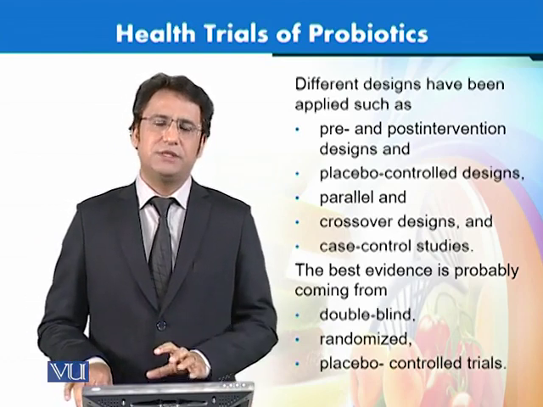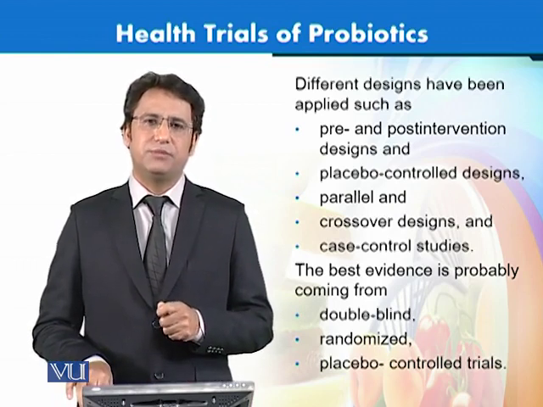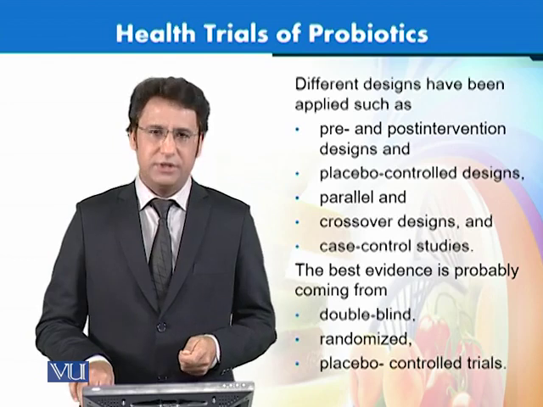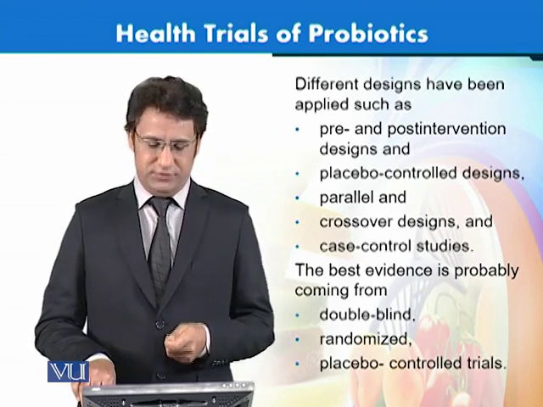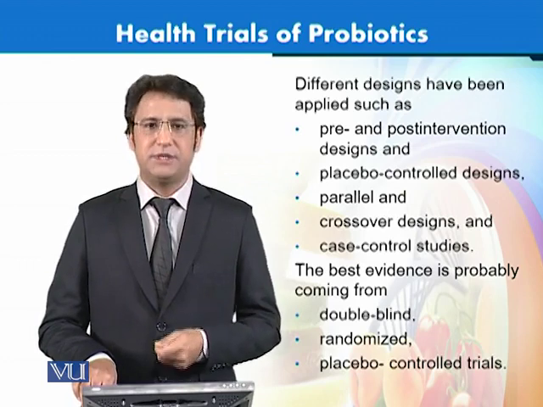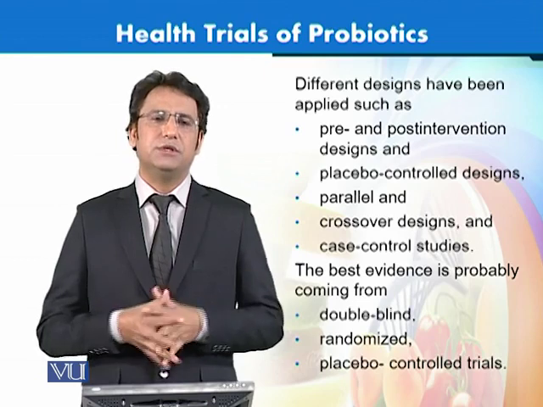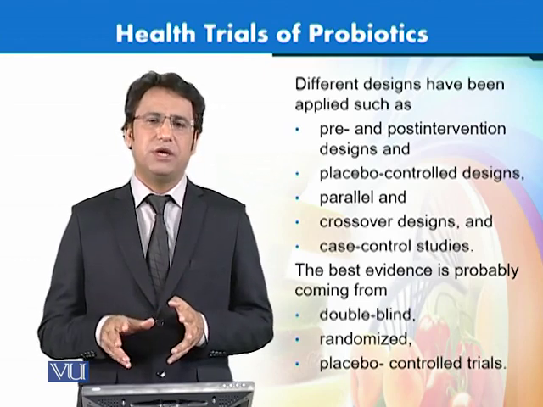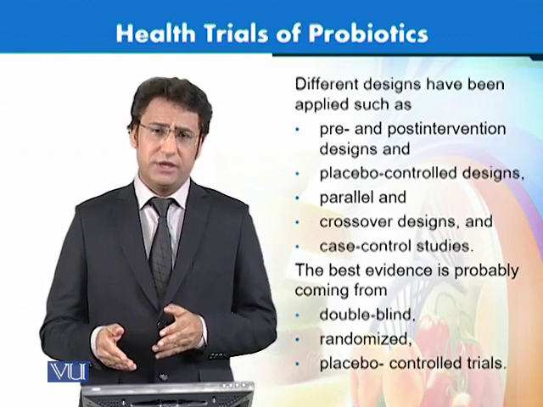But as far as the trials for probiotics are concerned, I think the best ones that have been used, or have produced better results, are the ones called double-blind, randomized, placebo-controlled trials. These are the kinds of trials which are more suitable for doing any kind of human trial or clinical trial for probiotics.